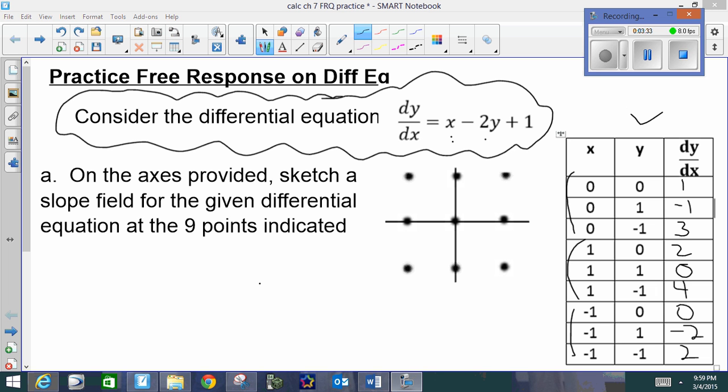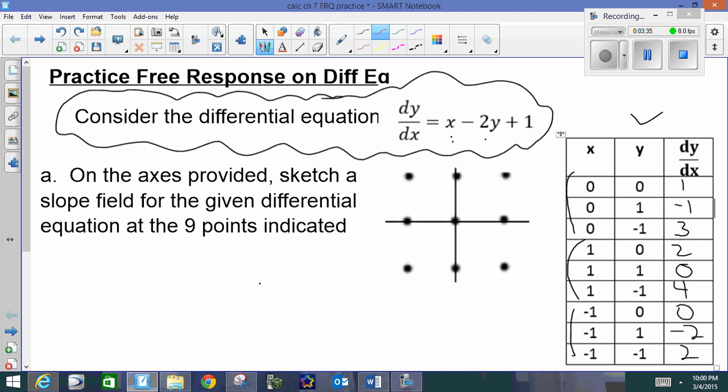I'm going to change colors just so you can see it. So 1 is that 45-degree angle. They don't have to be real long. All right, 0, 1 is up here. That's -1, so that's a 45-degree going this way. Then 0, -1 is over here. That's 3, so that's pretty steep.